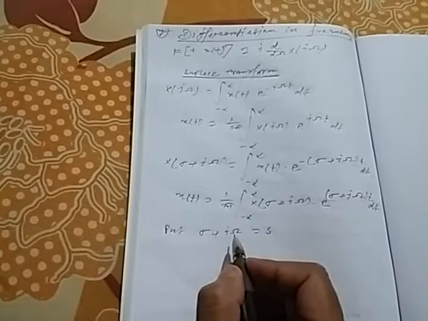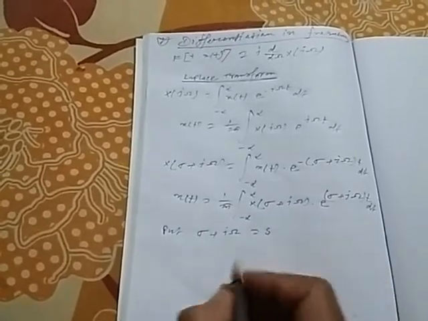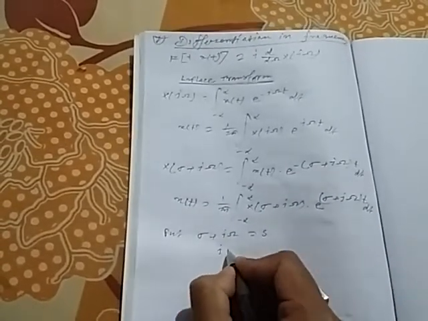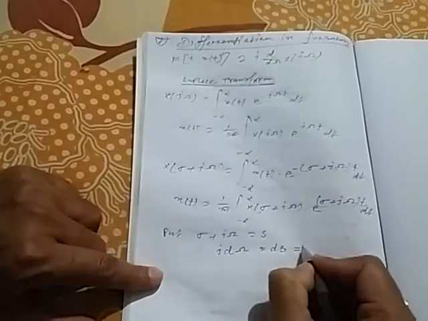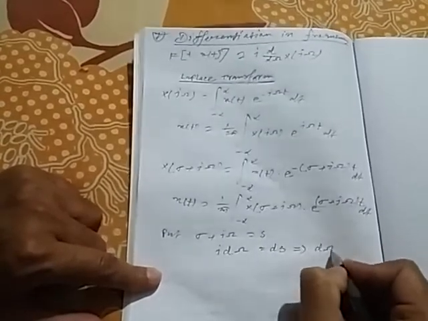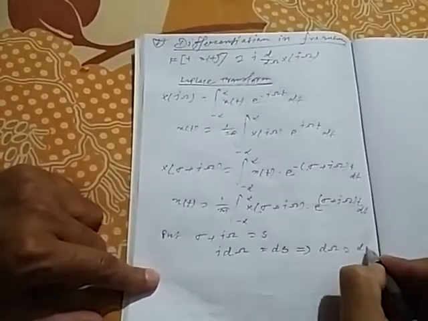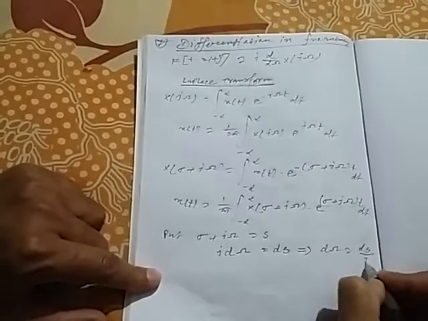Now if we take derivative on both sides of this equation, we can get j into d omega will be equal to ds. So from here we can write that d omega will be equal to ds by j.